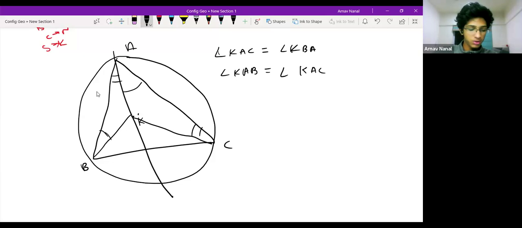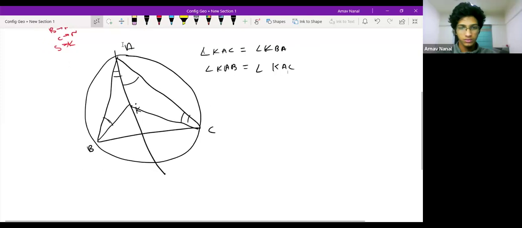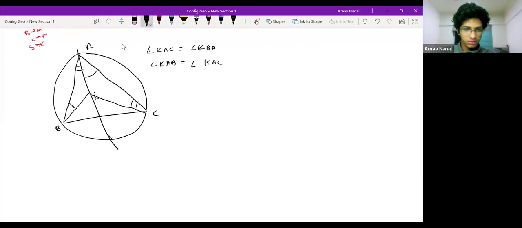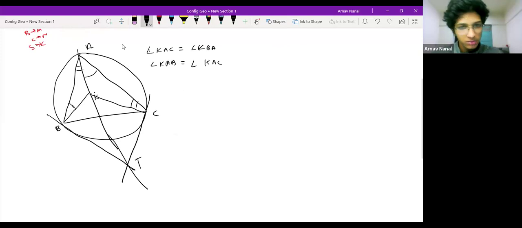Of course these are symmetric, so proving any one of them would suffice.